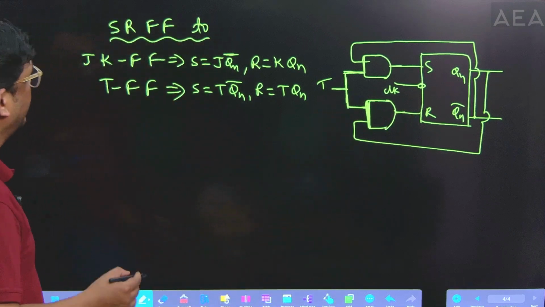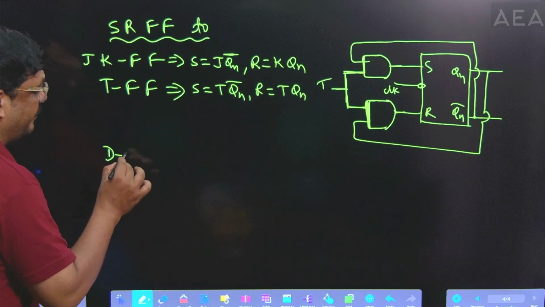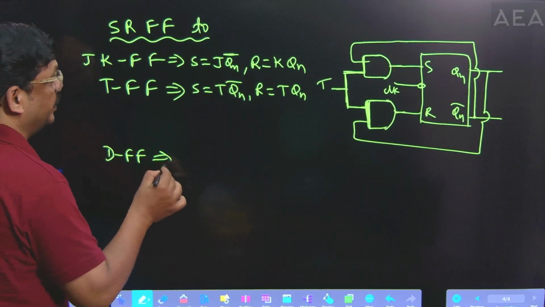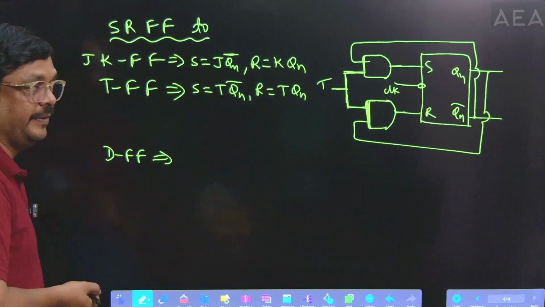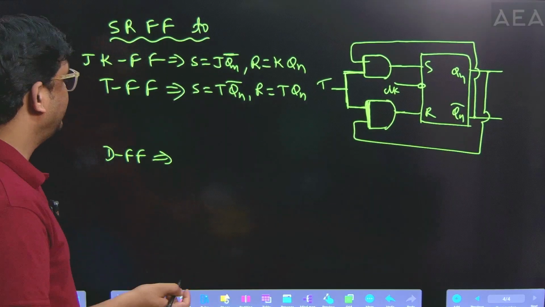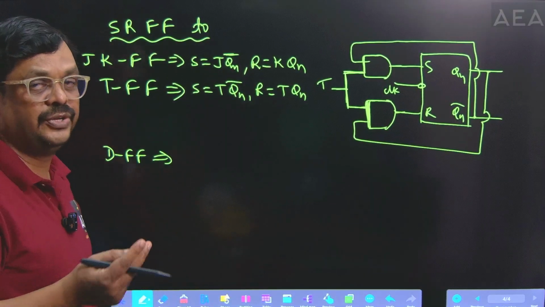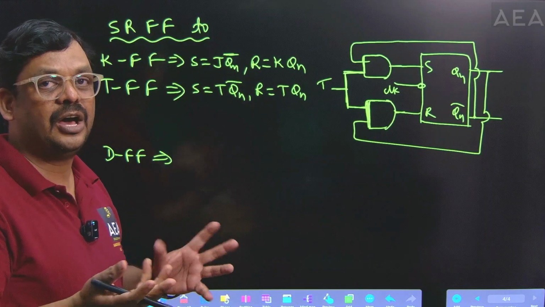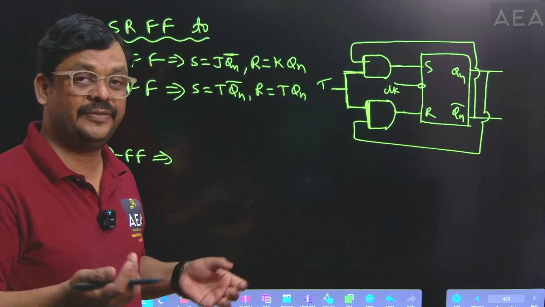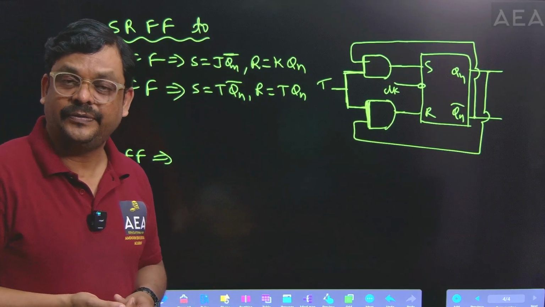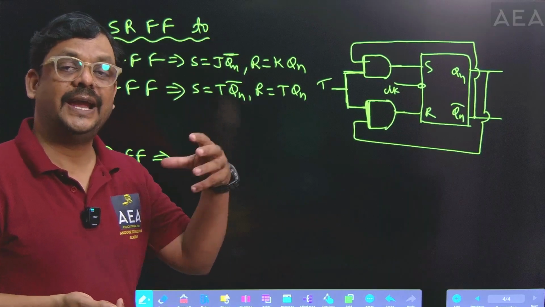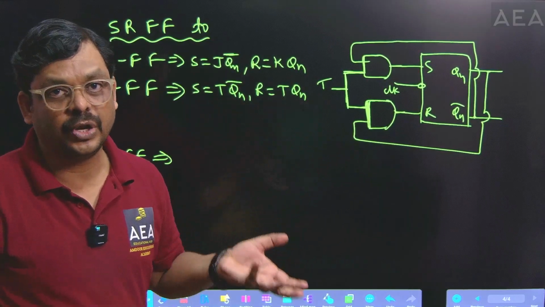And similarly, now I'm going to convert SR flip-flop to delay flip-flop. How to convert SR flip-flop to delay flip-flop? We want S and R both not equal, because we already know the SR flip-flop operation. When S and R are not equal, the output follows the S input.